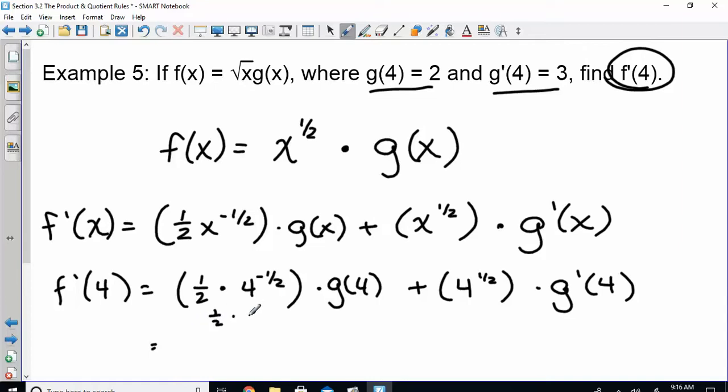So a negative power puts it on the bottom, right? A 1/2 is like a square root, so that's like 1 over the square root of 4. What's the square root of 4? So we have 1/2 times 1/2, which is 1/4. Times g prime of, or sorry, g of 4. And I told you that g of 4 was 2.